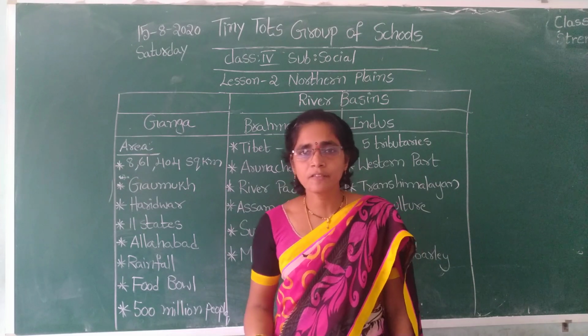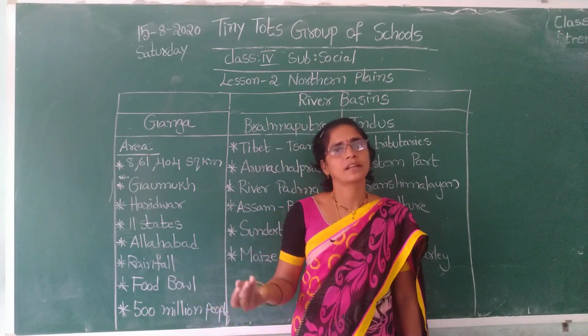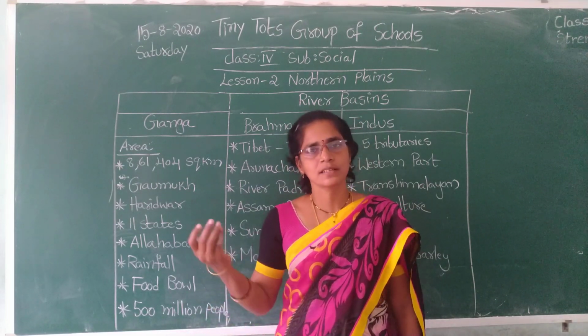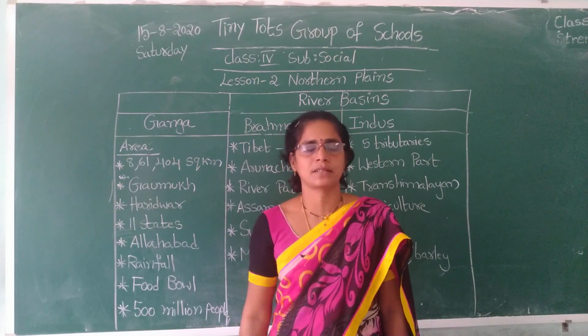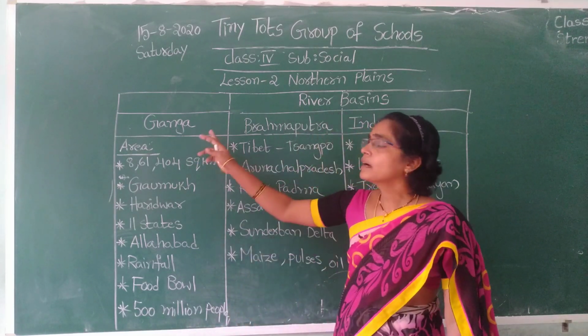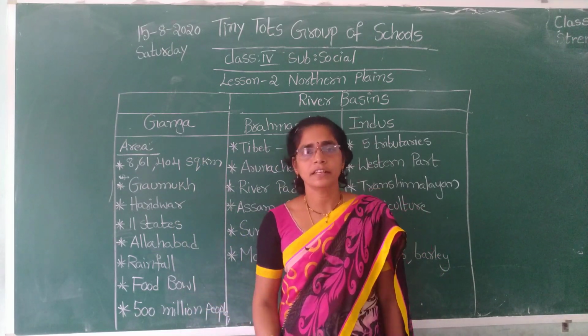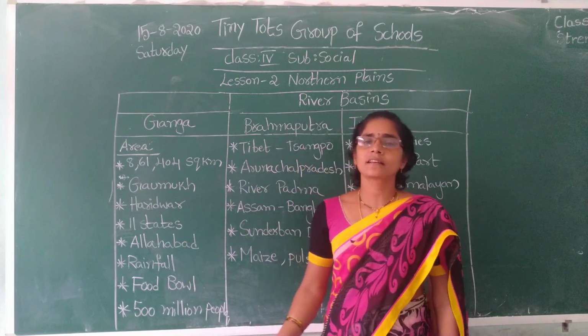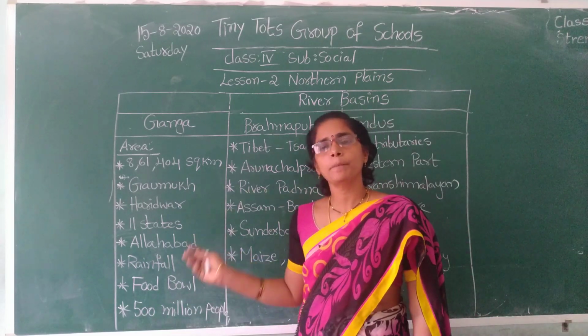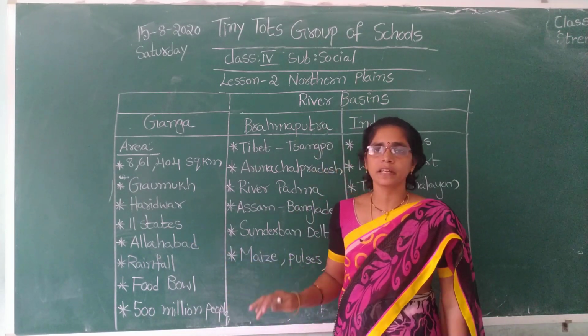They are getting drinking water, good crops, and a good place to construct houses and a transport system. So in the Ganga river basin, most of the people are living in northern India. That's why it is called the most populated, densely populated part of India.